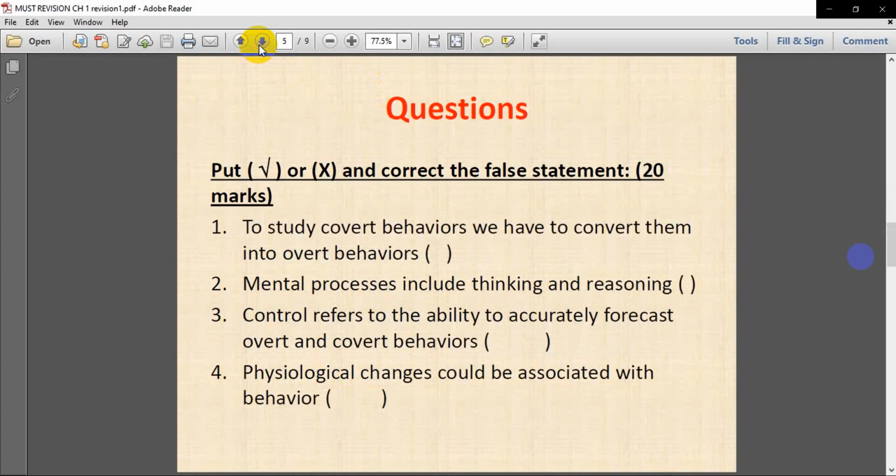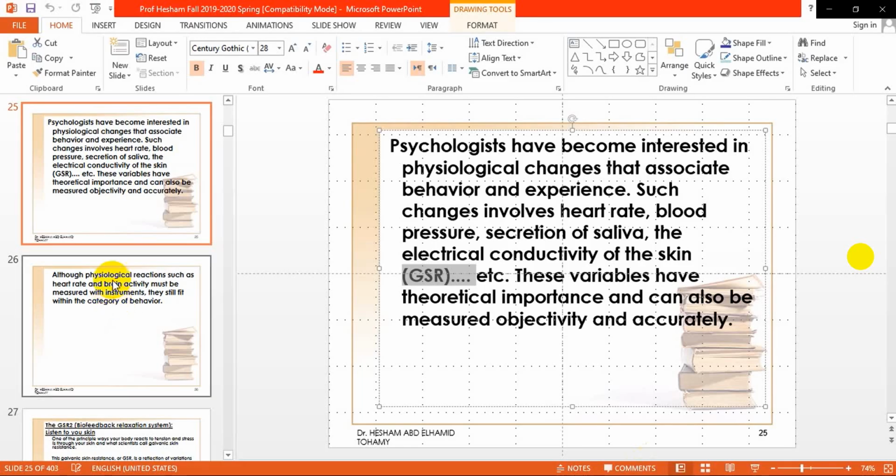To study covert behaviors, we have to convert them into overt behavior. Do you think in order to study covert behavior, we have to convert it into overt behavior so we can measure it? Yes, this sentence is true, and you can find the answer in the following slide.